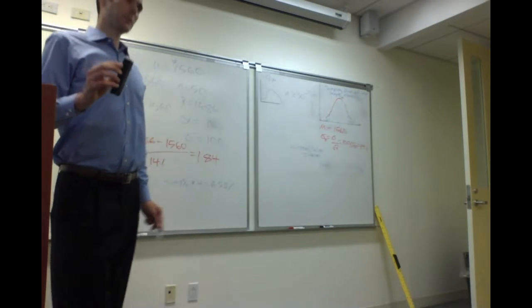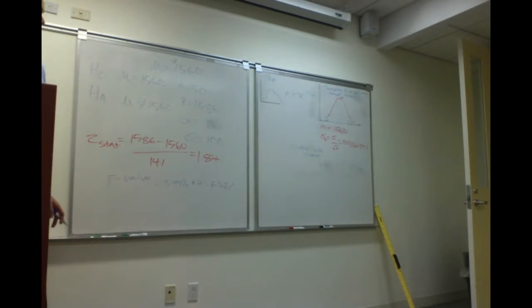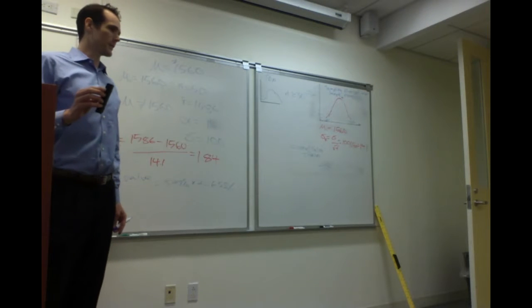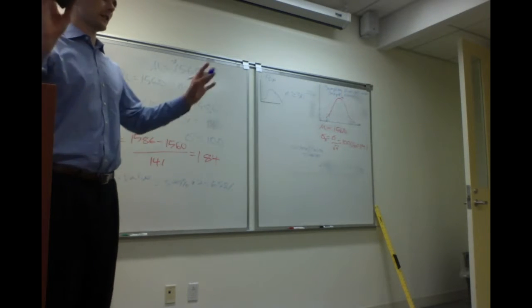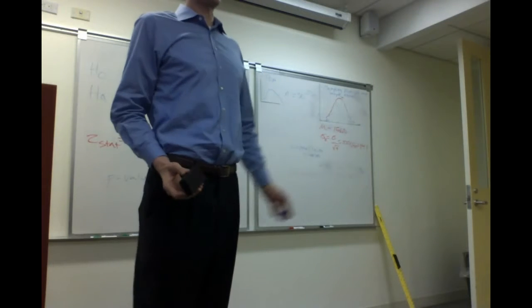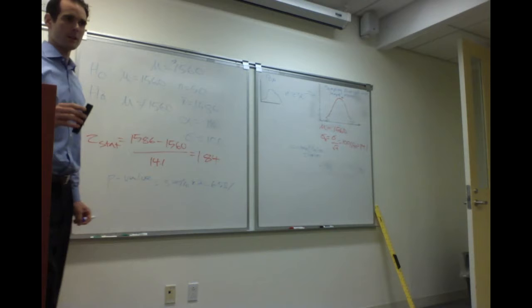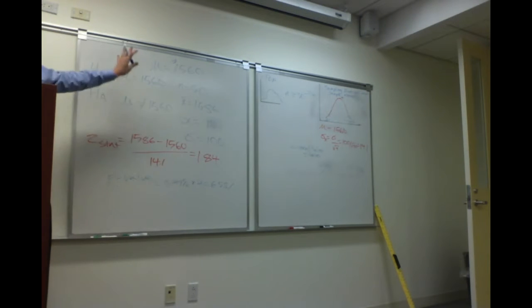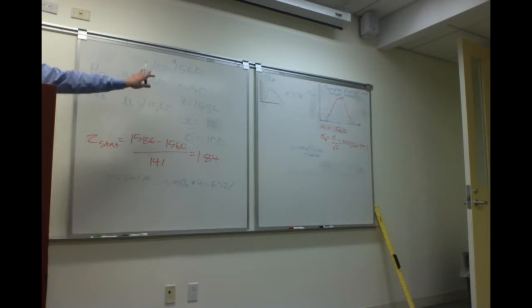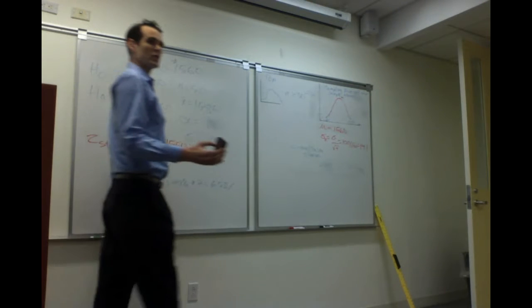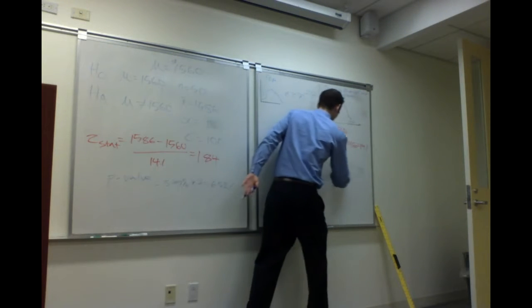Actually, I'm sorry, that's wrong. We can't say there's a 99% chance that they were lying to us, but we can only say there's a 1% chance that we made a mistake. Most of this stuff stays the same. The thing that changes are the critical values.